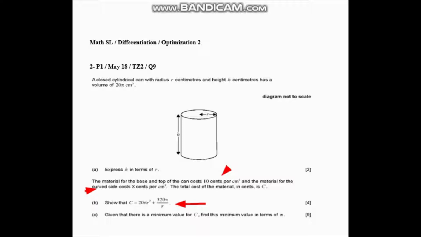So if we are talking about top, bottom, and curved sides, then we are talking about the surface area. This is the material that covers the entire thing. So if you're talking about covering or coating or something of the sort, then we are talking about the surface area. So we need to get the surface area of this shape.